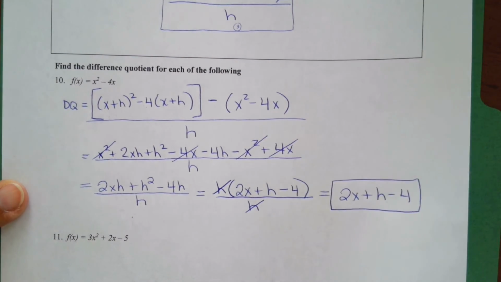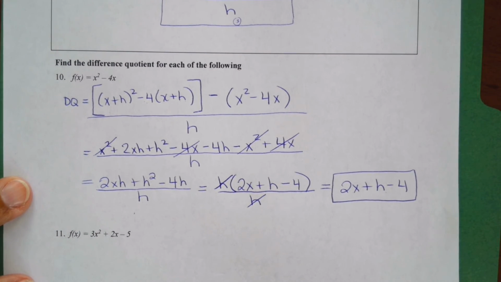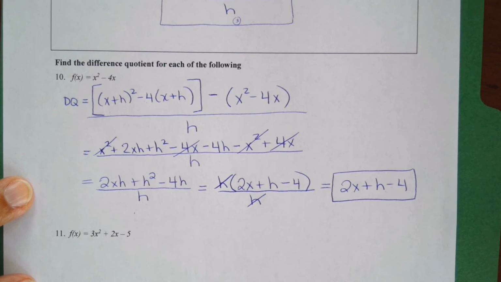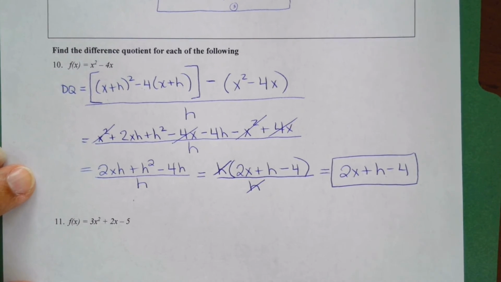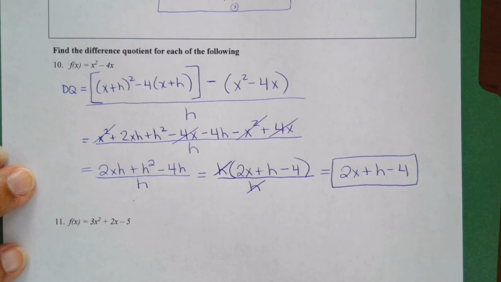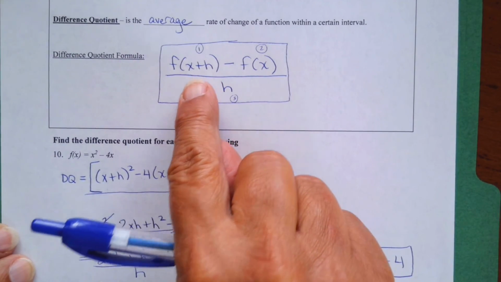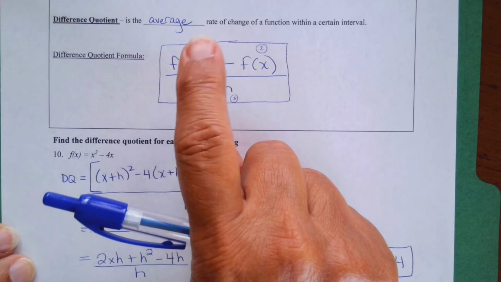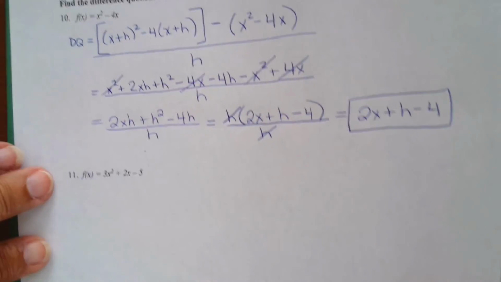All right. So now let's look at the last one of difference quotient. Okay, same type of problem, just one's a little bit harder because of the 3 out front. So a little bit more work to do. Okay, so let's remember the difference quotient. We're going to take the original problem and just everywhere there's an x, you're going to substitute in x plus h.